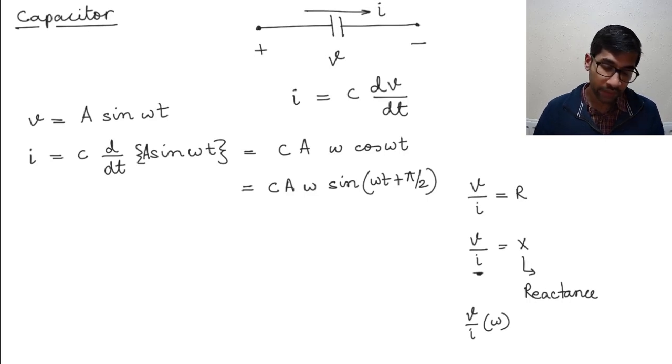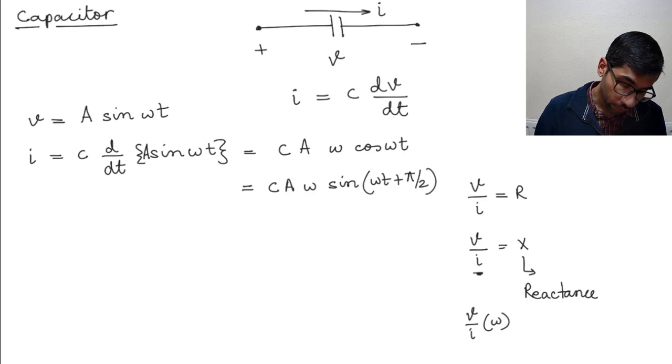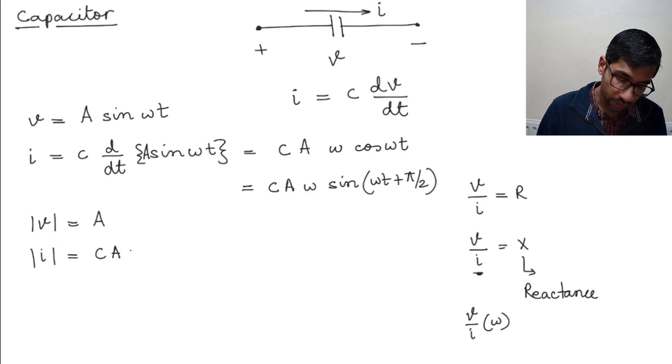We'll take a look at the magnitude of the voltage. And what's the magnitude of the voltage? It's A, right? And what's the magnitude of the current? It's equal to C A omega, or we could write it as omega C times A.